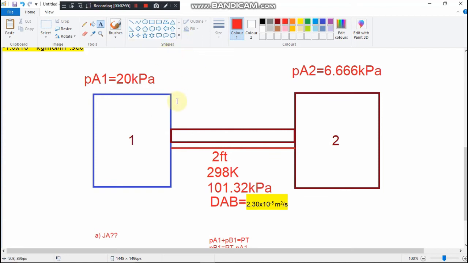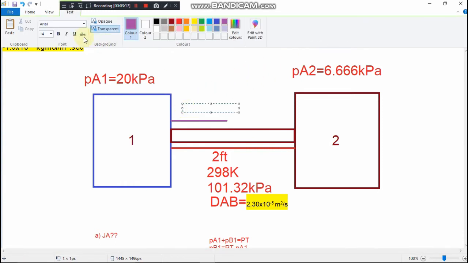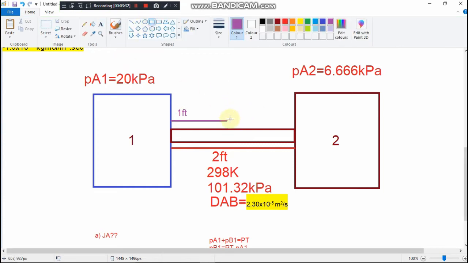So the idea is actually we split in the middle of the tube here to be 1 feet only. So for example like this, up to the middle of the tube, which is just 1 feet, and then there will be a chamber up to 1 feet, another chamber. So this is the idea.